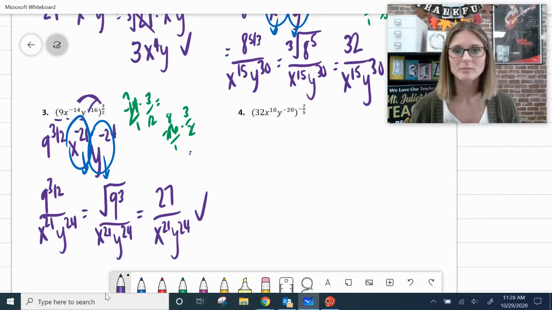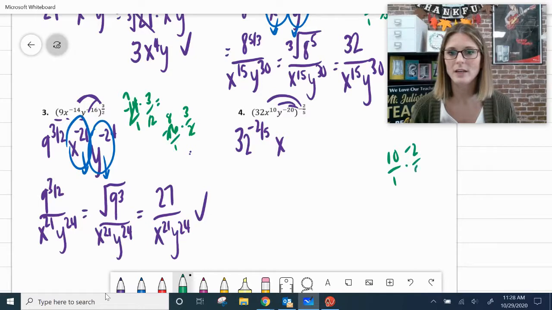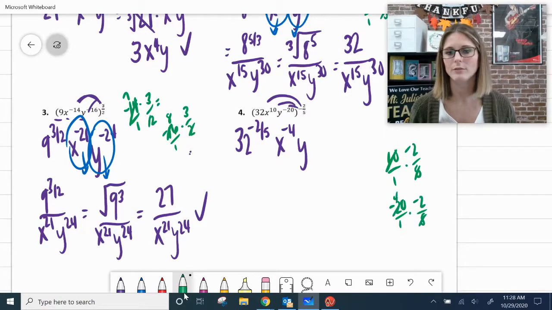Number 4, same story, 3 things. You're going to have 32 to the -2/5, x to the... let's see what 10 times -2/5 is. 10 times negative 2/5. Simplify, a negative 4. And then y to the... scratch work, -20 times negative 2/5 gives me a positive 8.